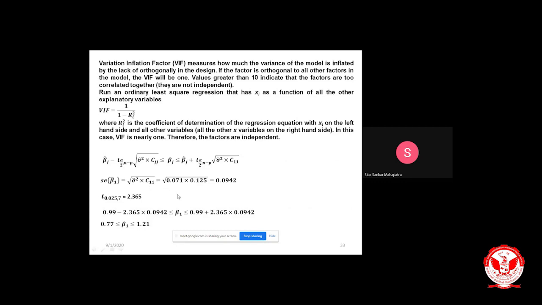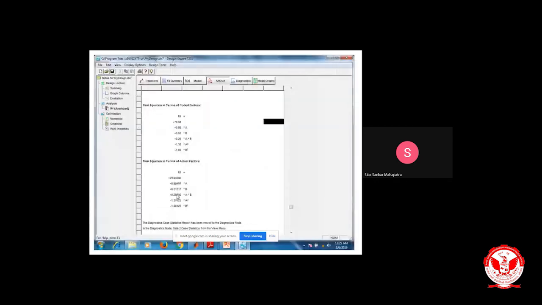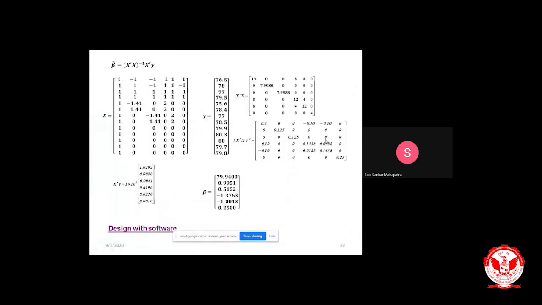C11 is nothing but the diagonal element for the factor or coefficient involved. So it is 0.125.